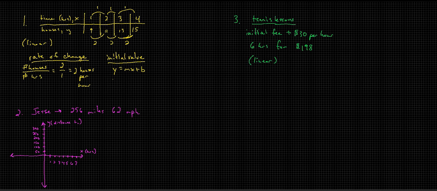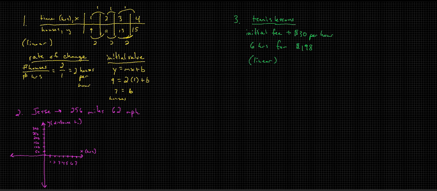So we've got 9 equals our slope, or our rate of change, which is 2 houses per hour times x number of hours, which in this case, corresponding to 9 houses, is 1 plus b. Subtract 2 from both sides and we get 7 equals b. So our initial value is 7 houses.